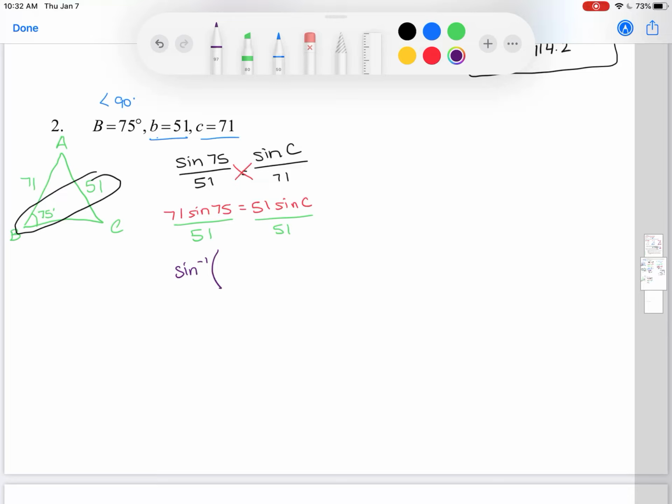So I would be looking at sine inverse of 71 sine 75 over 51 equals C. All right, so I kind of did two steps in one there. Again, I saw I was going to have to do the inverse sine, so that is what I would end up with. Okay. From here, I can go straight into the calculator.